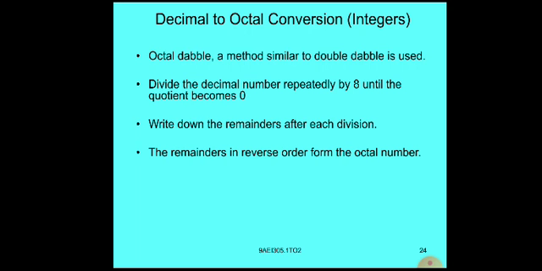So you have to divide the decimal number with 8 repeatedly until the quotient becomes 0, and you have to write all the remainders from the bottom to top, and the top will be the LSD, least significant digit, and the bottom digit is the MSD.